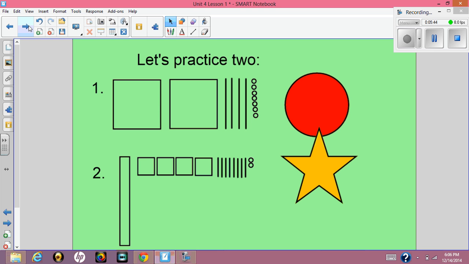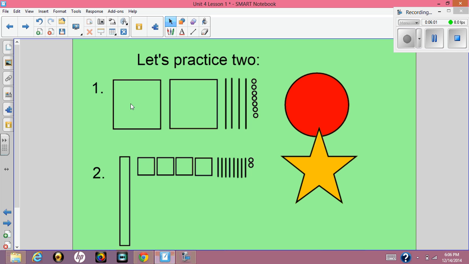Now let's practice a little bit. Let's look at problem number 1. Each of these boxes is worth 100. Each of these lines is a 10 stick, and each of these circles represents 1.